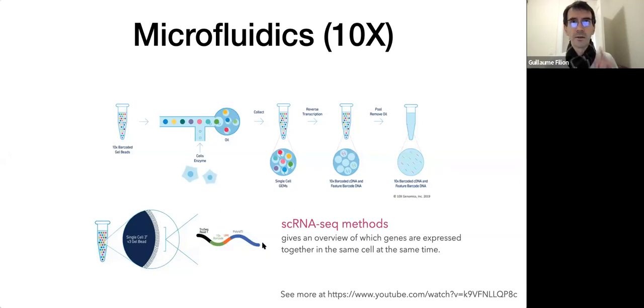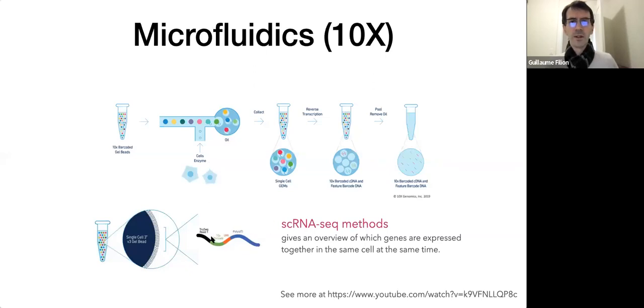That should say, oh, that's how the RT is going to start. So it's with the poly T tail here, and they have a UMI, which is a unique molecule identifier. So that's a sequence that's different for every single primer in the world. And a 10x barcode in green here, that's the one that gives the color of the bead. On a bead, they all have exactly the same 10x barcode.